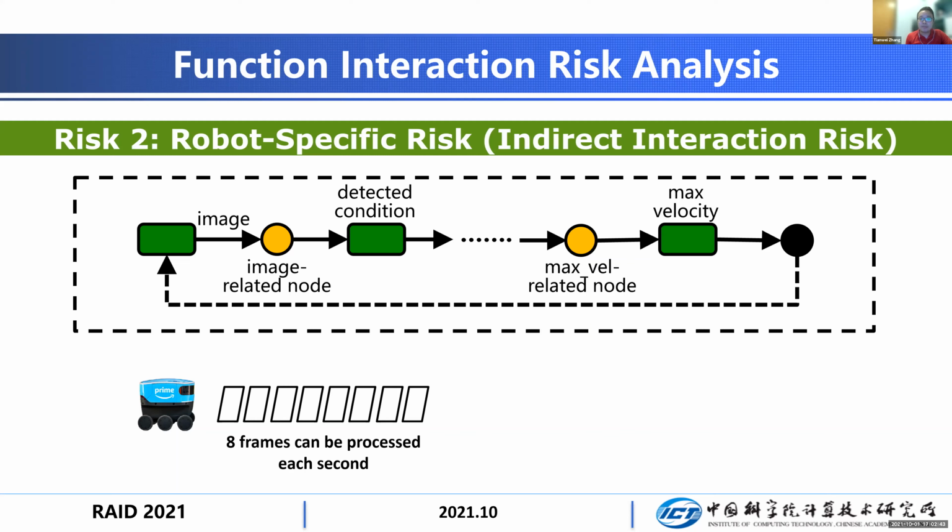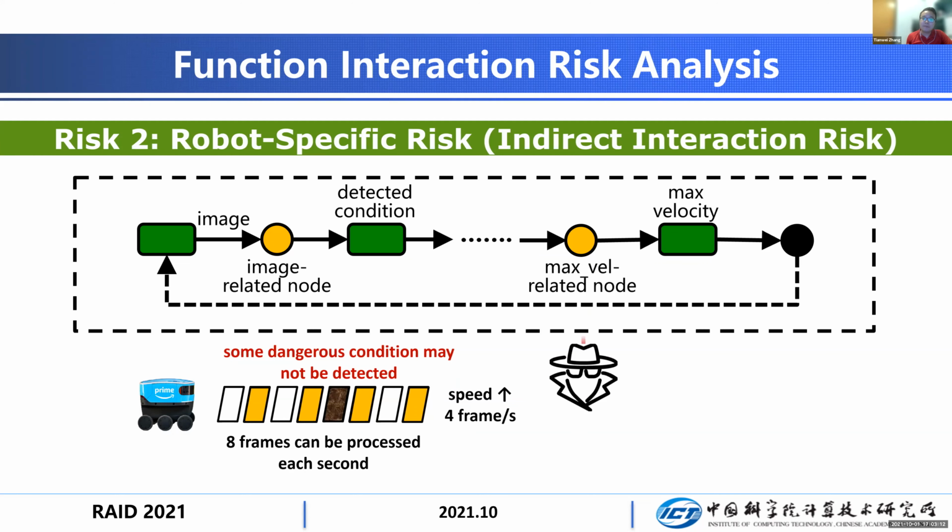The max velocity-related node is used to make decisions about the maximum velocity of the robot, and this is key to adjusting the velocity of the robots. These two nodes must coordinate with each other to make sure that both of them function correctly. However, if one node is malicious, the entire operation of the robot can be totally compromised. For instance, if the adversary controls the max velocity-related node, he can intentionally increase the velocity of the robots, so the robots will move at a much faster speed.